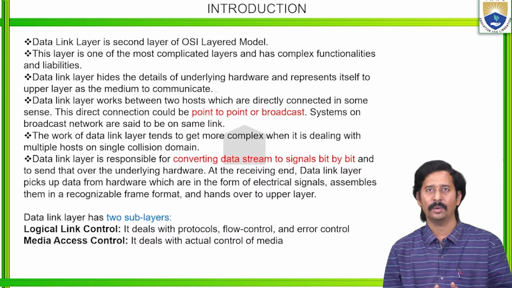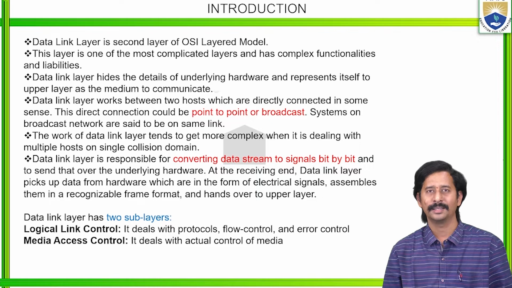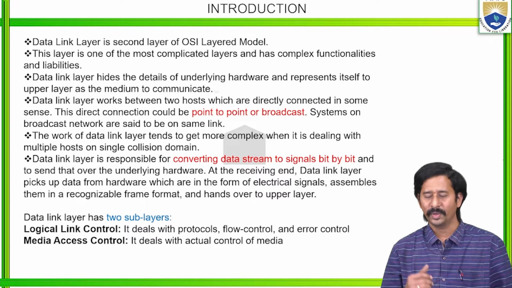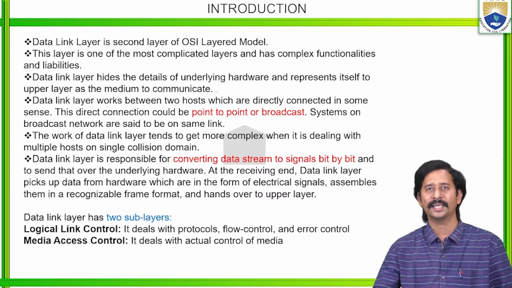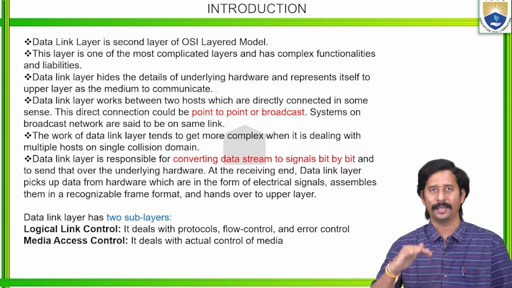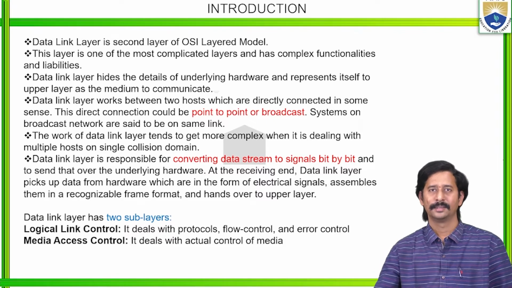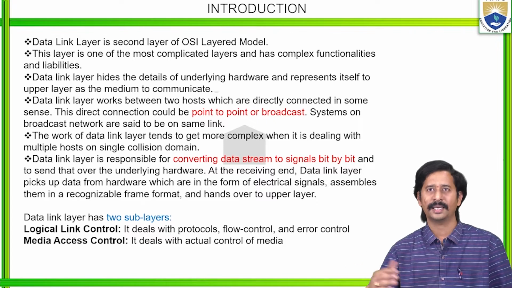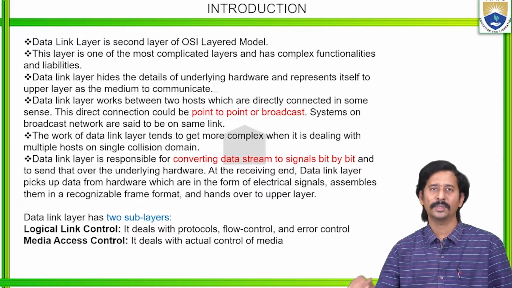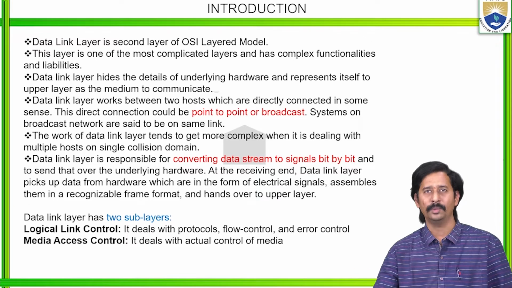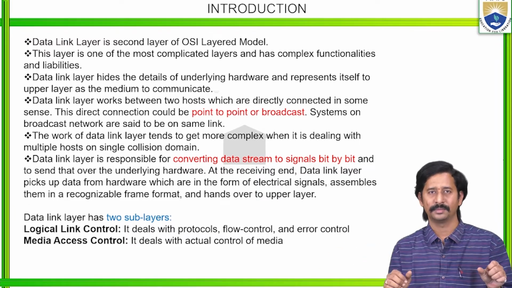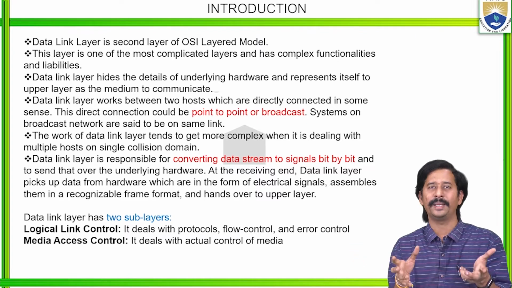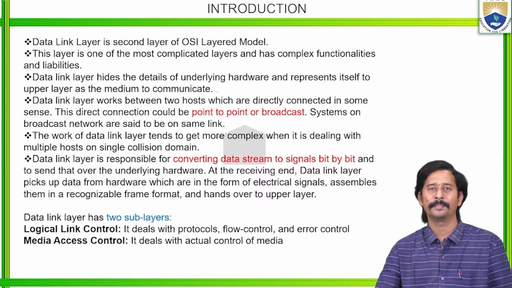So this data link layer works between two hosts which are directly connected in some sense. We know that in the OSI reference model, the bottom three layers communicate directly between various nodes. From the data link layer perspective, this communication can be called a direct connection, either point to point or broadcast.